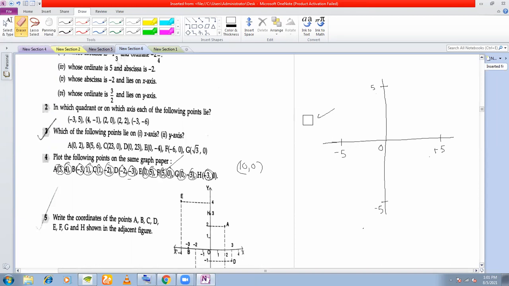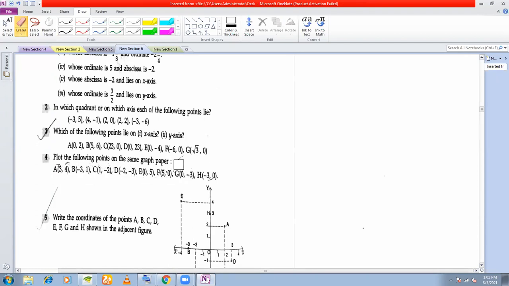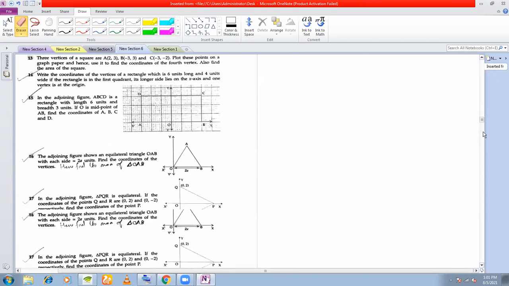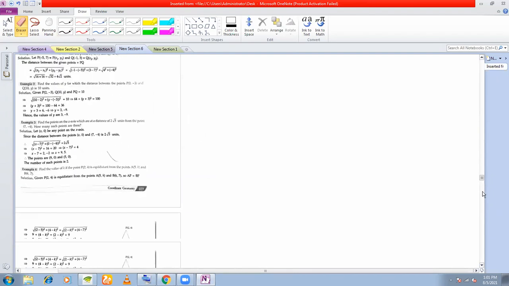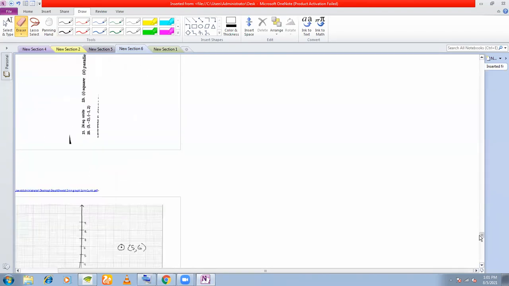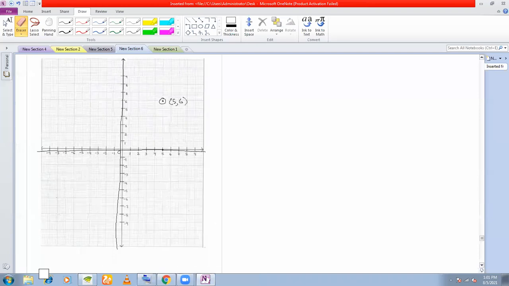So which scale should I take on the graph paper? Which graph paper should I use? Let me show you the graph papers. Okay, here.